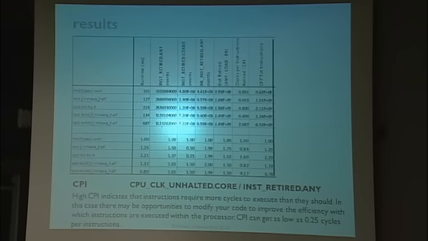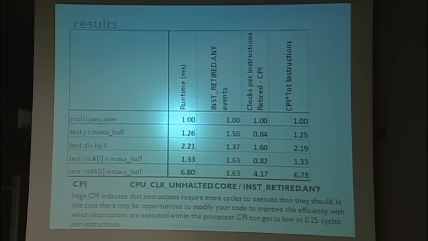Normally, you should be able to run about 4 instructions each cycle in this architecture, a CPI of 0.25. But that's very rare. If I normalize, I get 1 here, and then you see the second and fourth have almost the same CPI, the third is worse, and the last one is even worse.